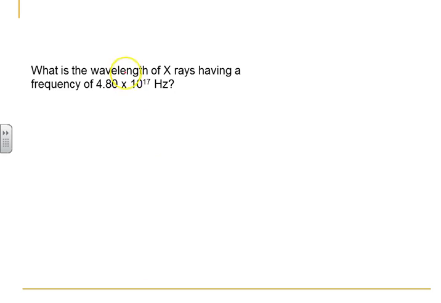Next problem: we want to know the wavelength of X-rays having a frequency as given. So what is the wavelength? That's what we're looking for. We've got the speed of light equal to 3 times 10 to the 8th meters per second, and a frequency equal to 4.80 times 10 to the 17th hertz.